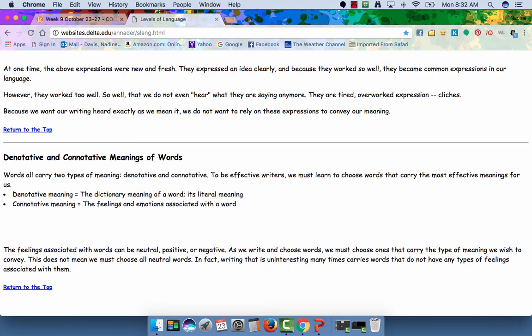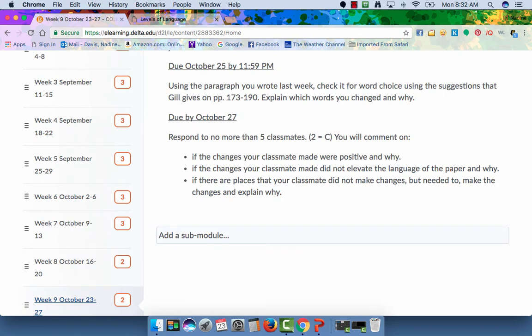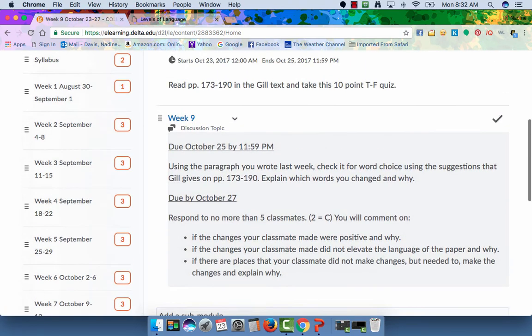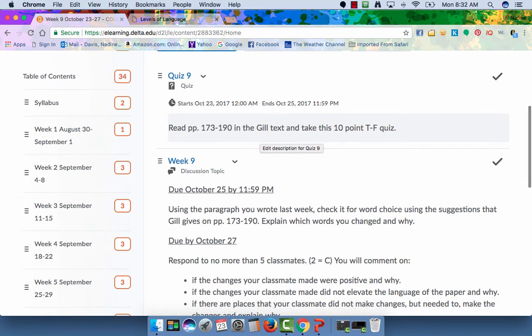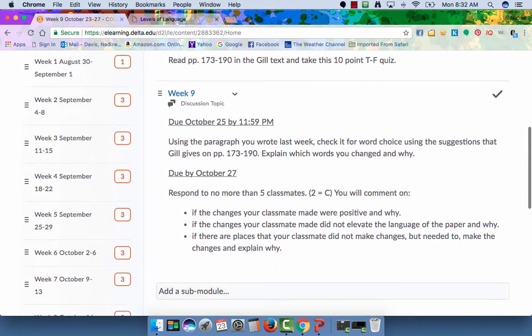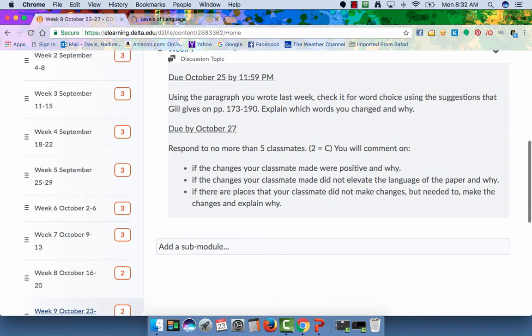This week you have the quiz on Gill, and Gill is talking about this idea of language and this idea of connotation, denotation, slang, those kind of things. Read it carefully, take the quiz, and then you are going to take that paragraph, check it for word choice, and explain after you do that.